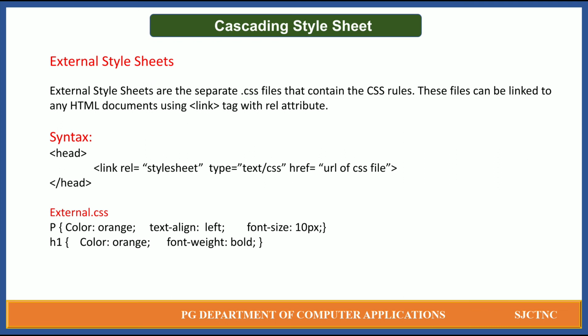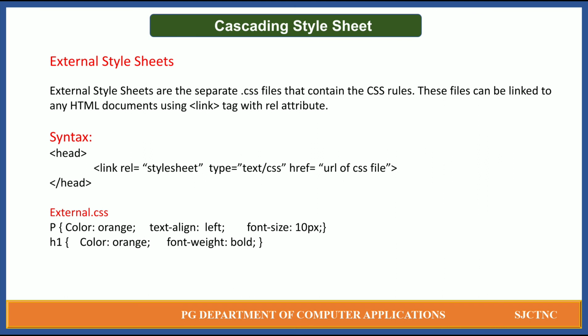We can see an example here. External style sheets are separate CSS files that contain the CSS rules. These files can be linked to any HTML document using the link tag with the rel attribute, that is, the relational attribute. Here we can see within a head tag we are going to link that style sheet.